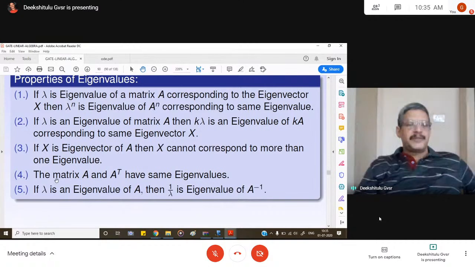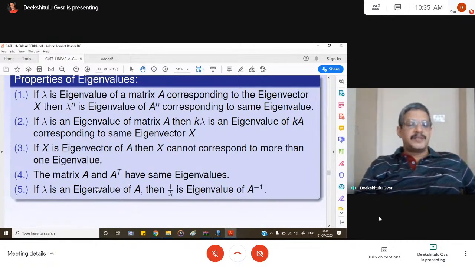And the fourth principle is that the matrix A and A transpose have the same eigenvalues, because while finding the eigenvalue we are finding determinant of A minus lambda I. Lambda is a constant, I is an identity matrix, A is a symmetric matrix. So A transpose is A, and determinant of A equals determinant of A transpose, because of that property, a matrix A and A transpose have the same eigenvalues.